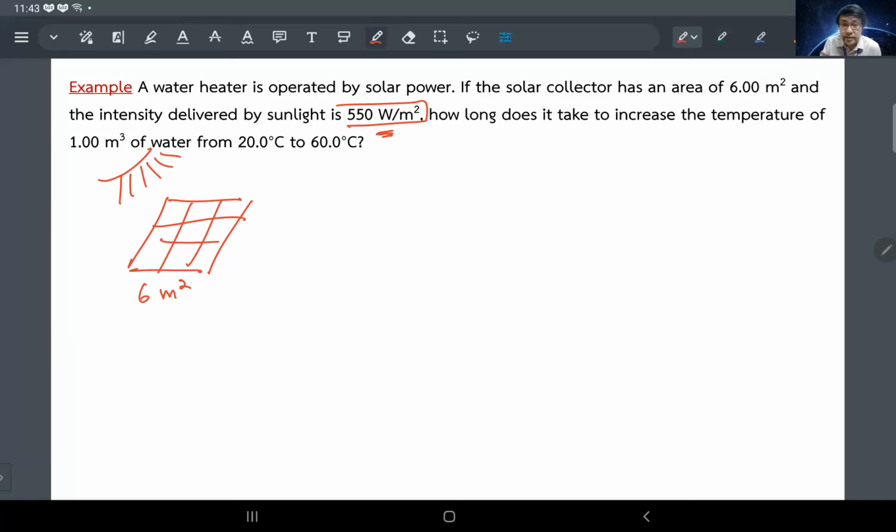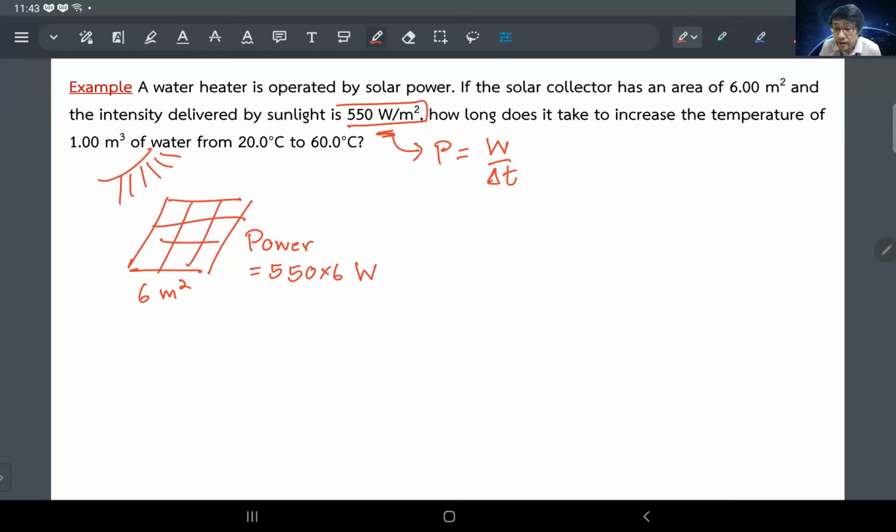The W is just energy per unit time, it's a power. So if you remember, power is work over time. All right, good. So that means this will generate a total power of 550 times 6 watts.